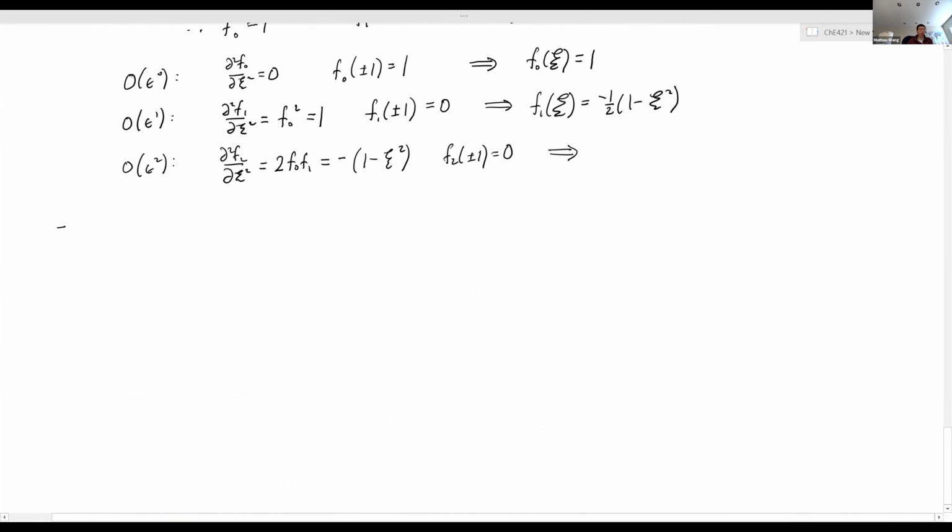As I mentioned earlier today, what I'm also going to look at is what happens when we're dealing with the other limit, if epsilon is much, much greater than 1. Just to remind you, this was our original problem. So let me go ahead and work with the original problem here. That was this, with these boundary conditions.